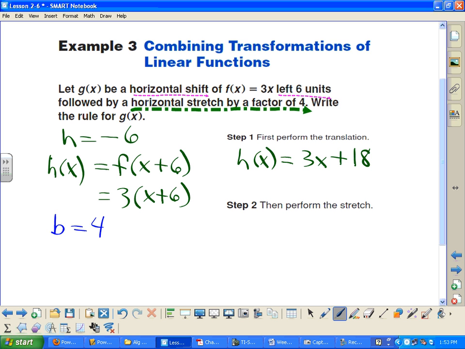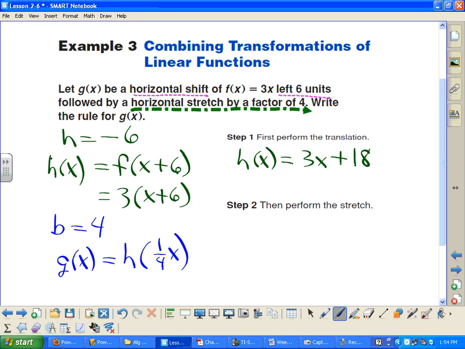So now to find g of x, we're going to do h of 1/4 x. Okay, because we're putting b in the denominator, right? It's the reciprocal of the value of b that goes here. So then I'm going to replace this x here with 1/4 x.